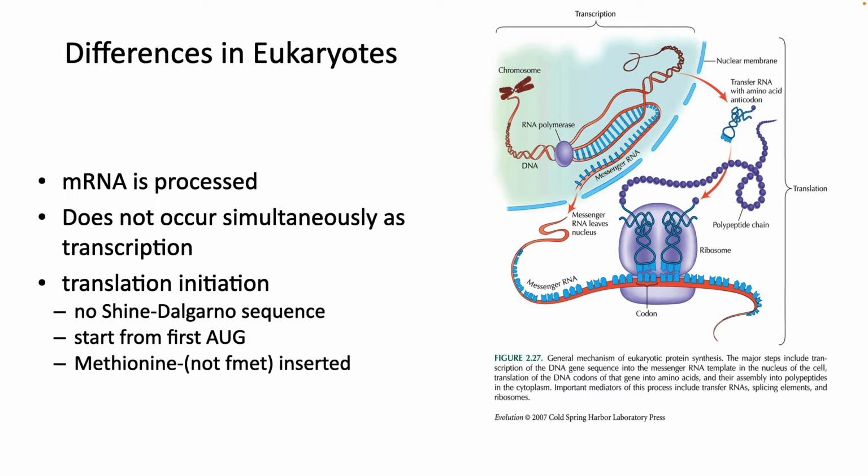Second, because transcription happens in the nucleus and translation occurs in the cytoplasm, transcription and translation do not occur simultaneously. Finally, translation initiation is different. There is no Shine-Dalgarno sequence. Translation begins from the first AUG in the mRNA, and methionine is added, not formyl methionine.